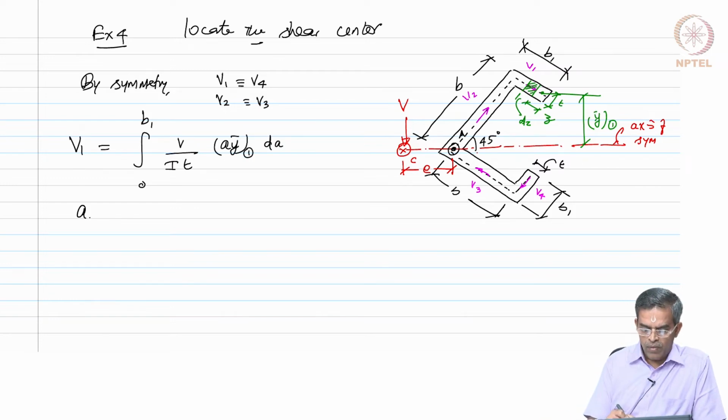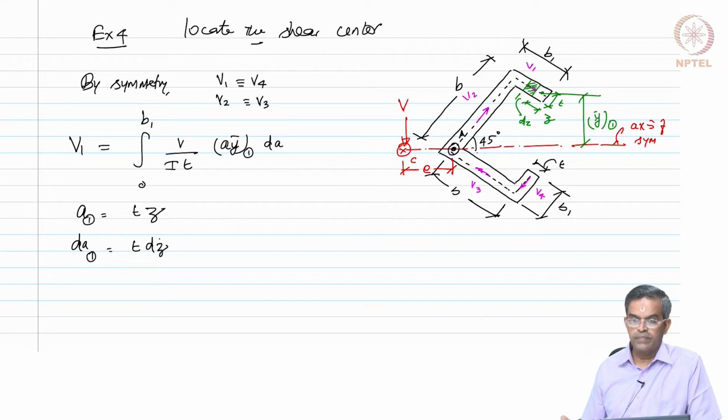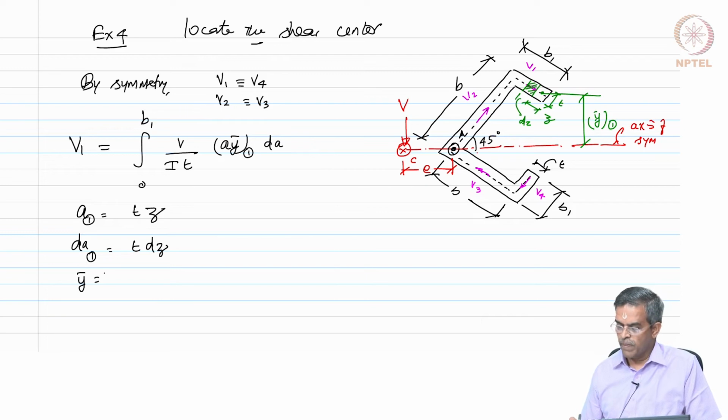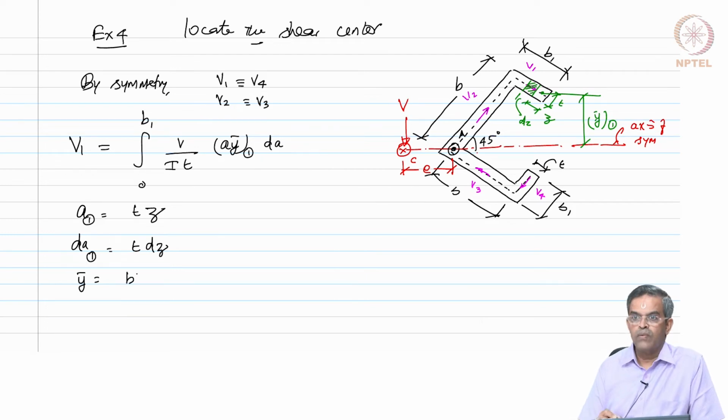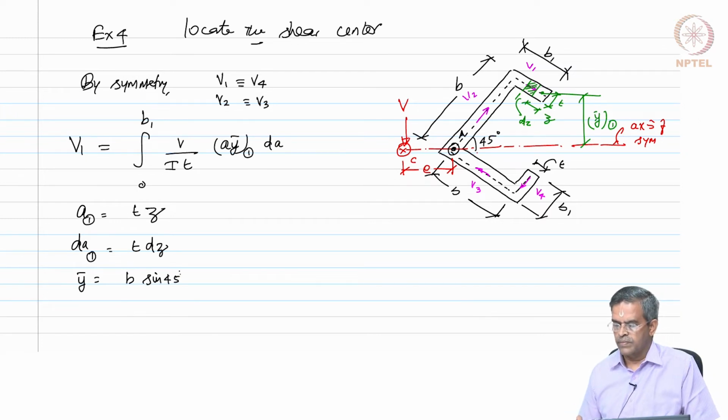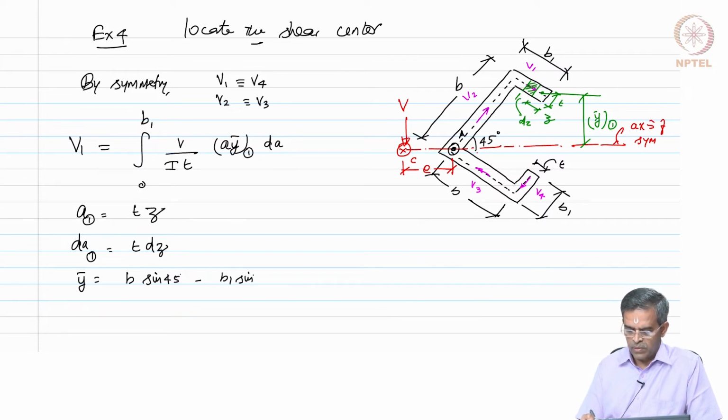So, A of piece 1 is T into Z, dA of piece 1 is T into dz, y bar is B sin 45 minus B1 sin 45 plus Z by 2 sin 45.